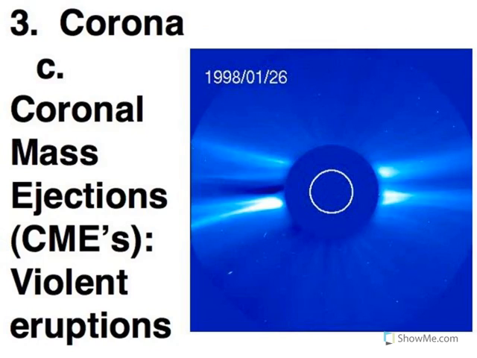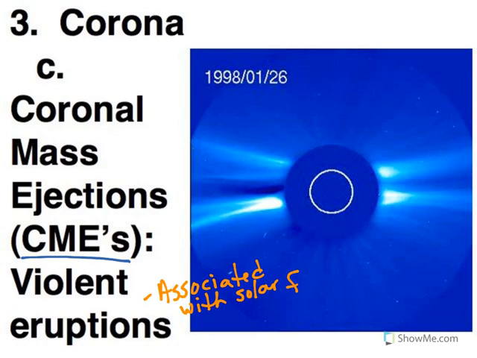Corona also experiences what are called coronal mass ejections, or CME for short. And these are violent eruptions. They are associated with solar flares and the breaking of magnetic field lines, plural.